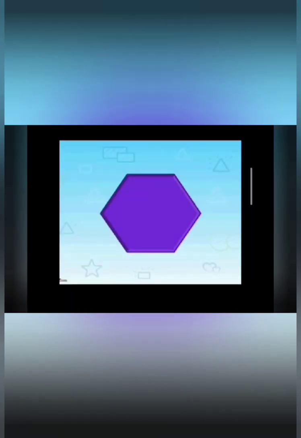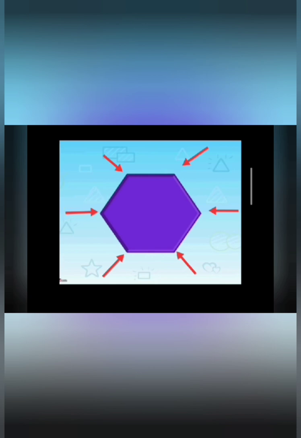In this shape, children, let us count the number of corners and sides, and then we will find out what is the name of this shape. Let's count the corners of the shape. 1, 2, 3, 4, 5 and 6.